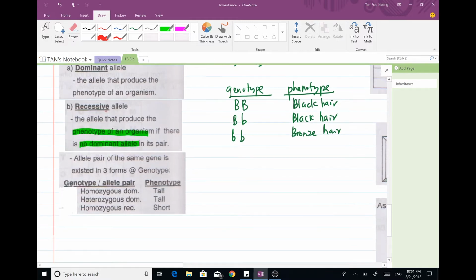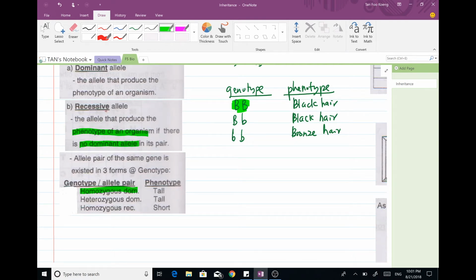Now, next one. So what is the term coined for this type of genotype? We call them homozygous dominant. So if I say that an organism is homozygous dominant, then we know both the alleles must be dominant.